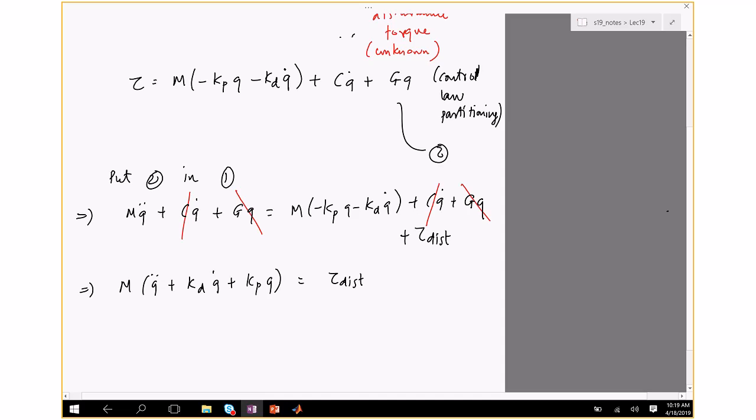Now this should be M q double dot. Okay, now it's better.